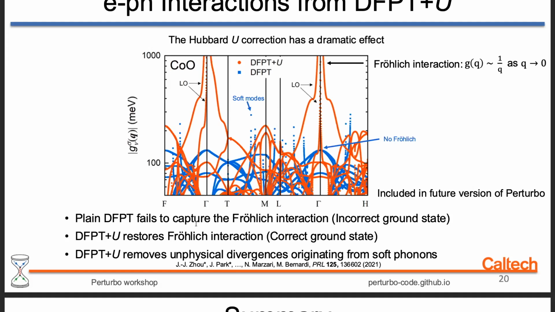But when you do, in this case, this material is antiferromagnetic, also the cuprate that Marco showed, when you have an antiferromagnetic ground state, the Hubbard corrected density functional theory and perturbation theory usually produce nice corrections and work well.